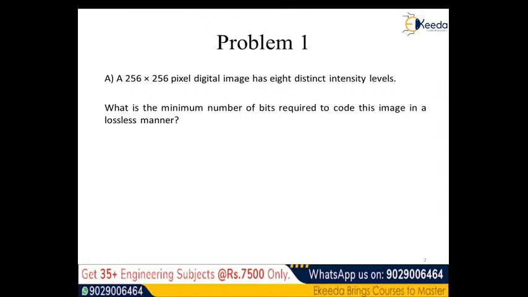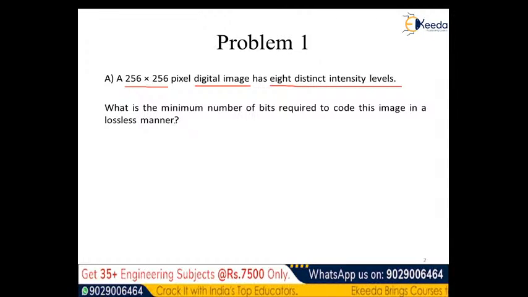In this problem statement, the given information is regarding a digital image whose dimensions in terms of pixels are given to us. It means that we have 256 rows by 256 columns, which forms a digital plane in which the image information is stored or communicated further, and it has, as per the problem statement, 8 distinct intensity levels.